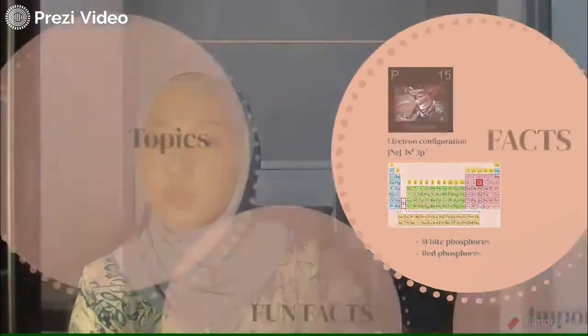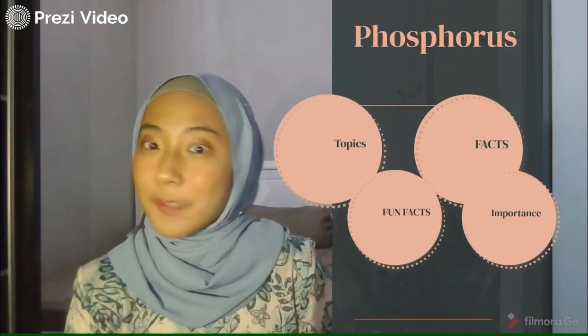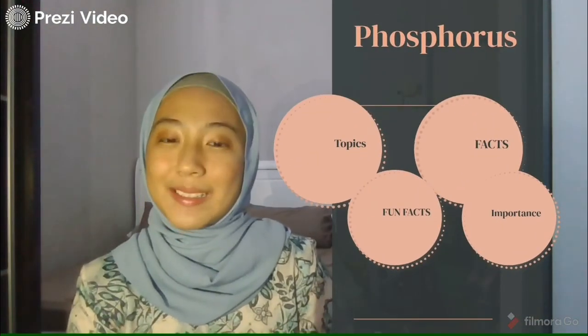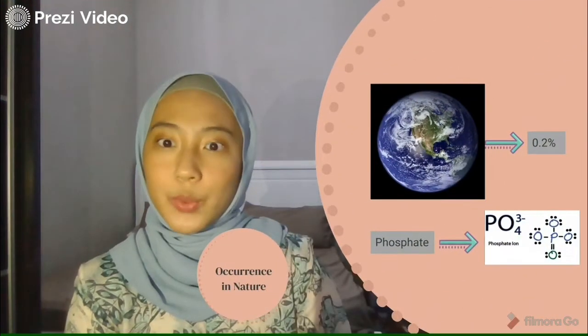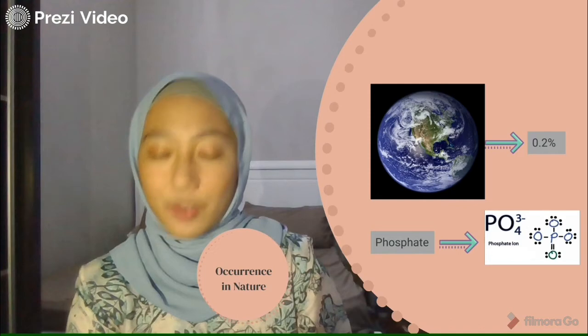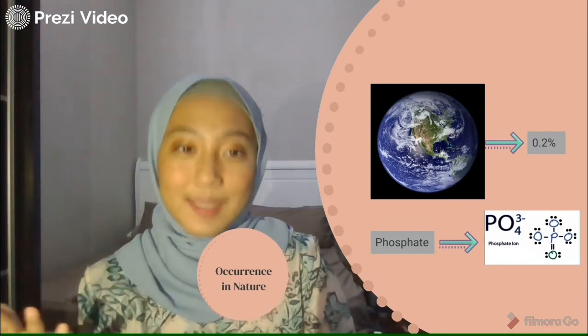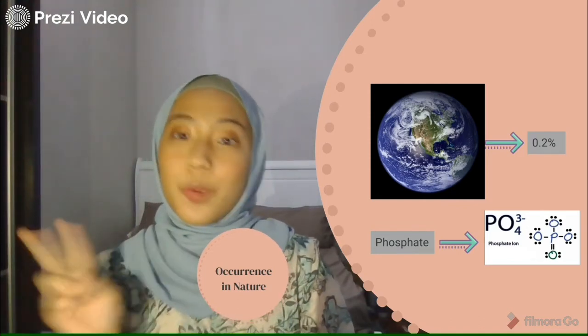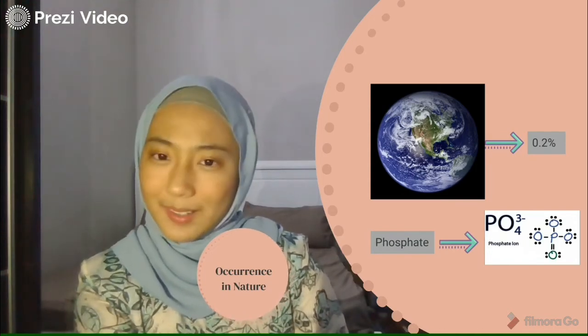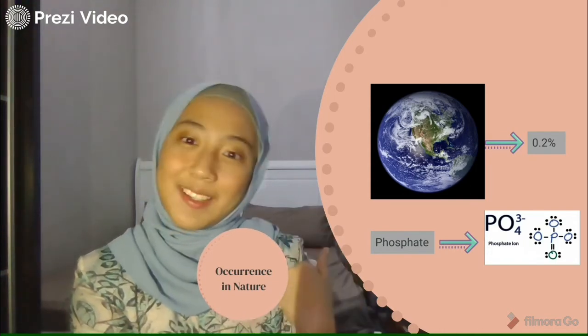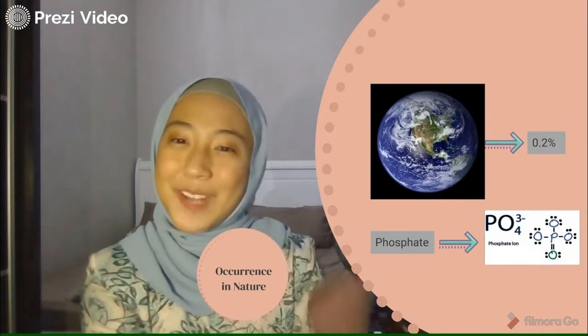So moving on, I'll share some fun facts about phosphorus. So did you know that in our crust, our Earth crust, there is approximately 0.2% of phosphorus abundance? Did you know that? I didn't know that at first, so I'm sharing it here with you guys, so all of you guys know now.